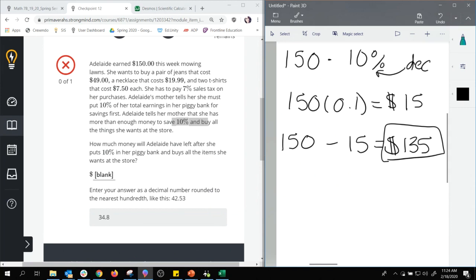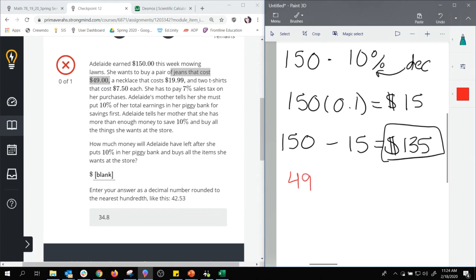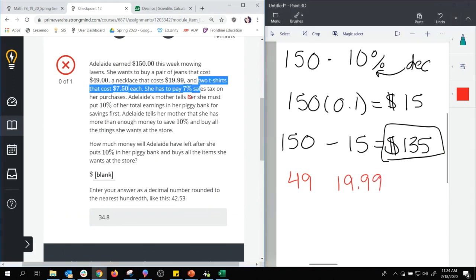Now, let's figure out how much money she's spending on her clothes. She wants to buy a pair of jeans, and her jeans cost $49. She wants to buy a necklace that costs $19.99. And then she wants to buy two shirts that are $7.50 each.